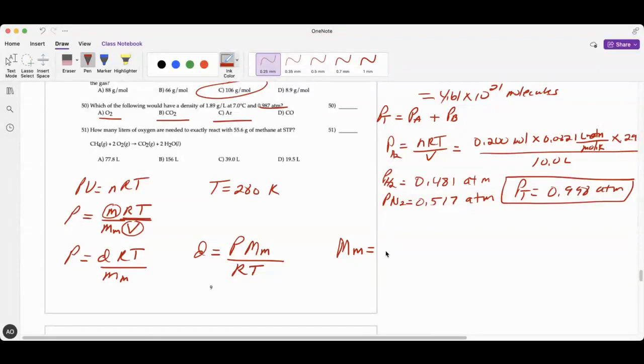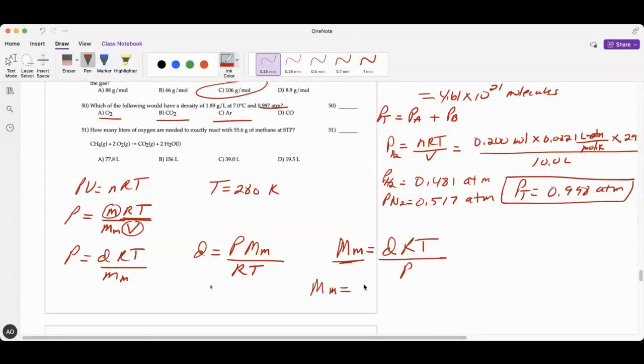Molar mass is equal to the density times R times T divided by the pressure. If we solve for the molar mass, then we can determine which substance it is. That's a good way to do this.